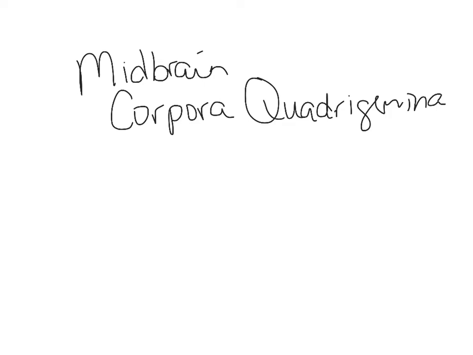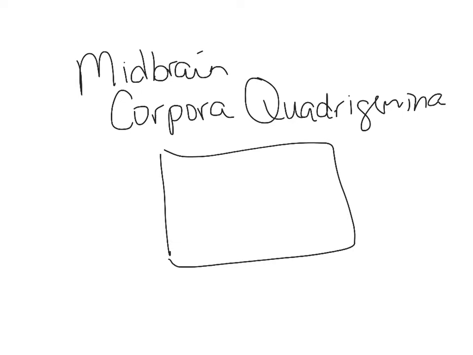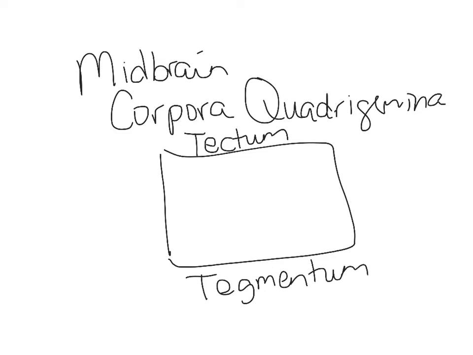Within the corpora, if we wanted to talk about a roof and a floor, the roof of the midbrain is called the tectum, and then the floor is called the tegmentum. And the corpora quadrigemina is in the tectum. And within the corpora quadrigemina are these two nuclei.